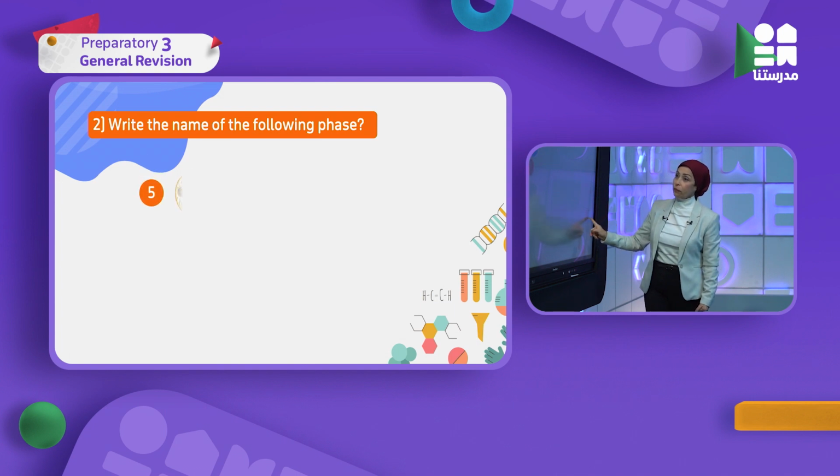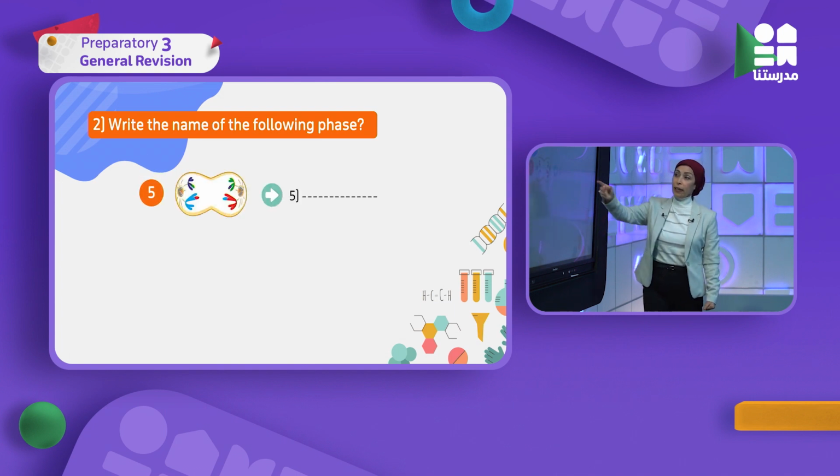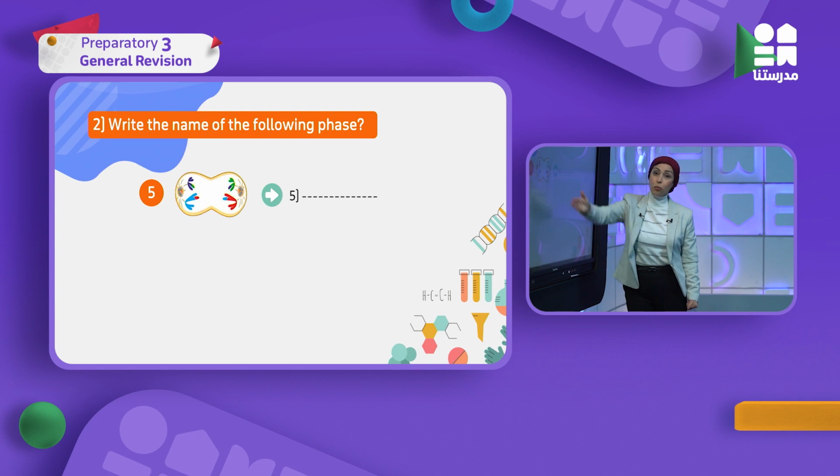Here, the next one. Here, the cell started to be divided, and the fibers start to pull the homologous pairs of chromosomes. Here you can recognize the change in color of the inner edges of the chromosomes after the crossing over phenomenon. So naturally we understand that it's meiosis.